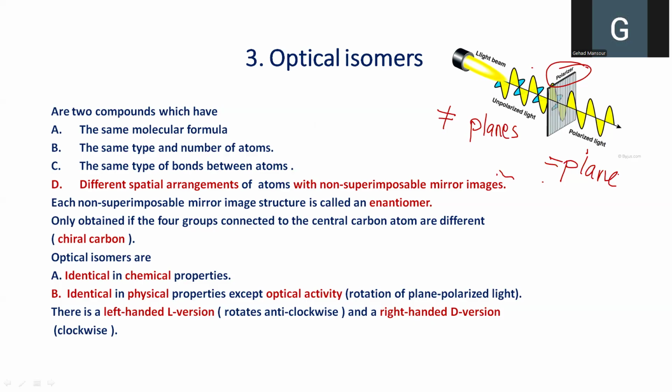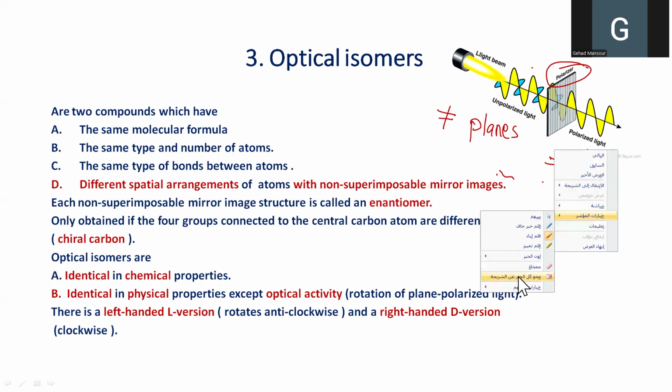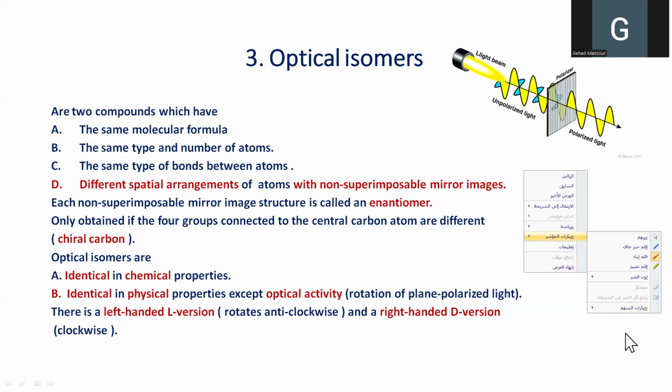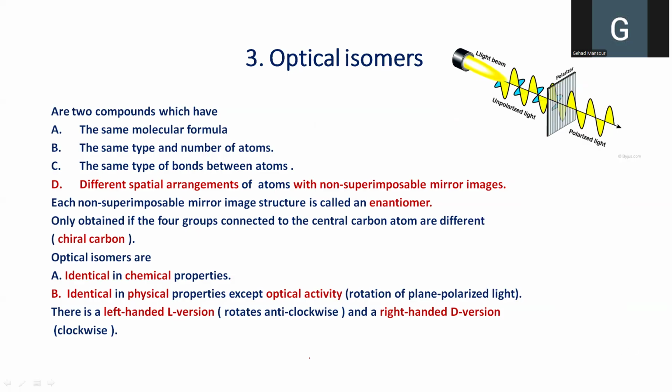And polarized light, what's the importance of polarized light? The importance of polarized light is that it helps you study the optical isomers. Optical isomers have the same molecular formula.